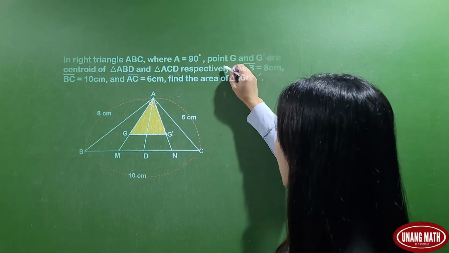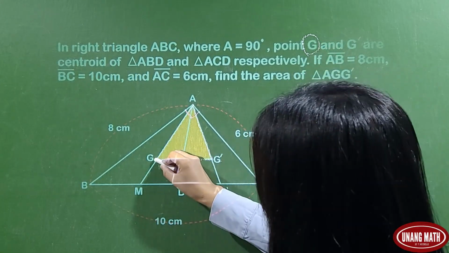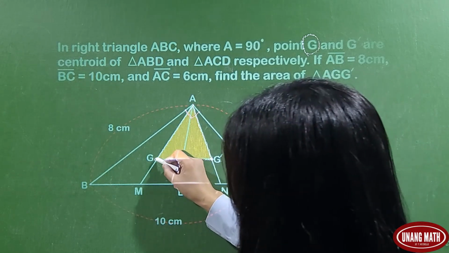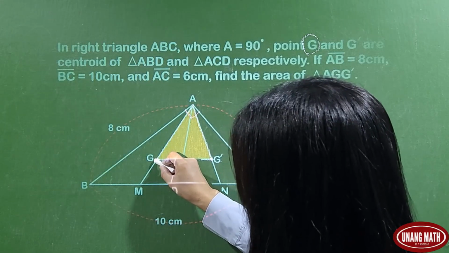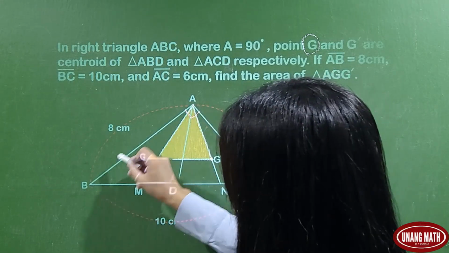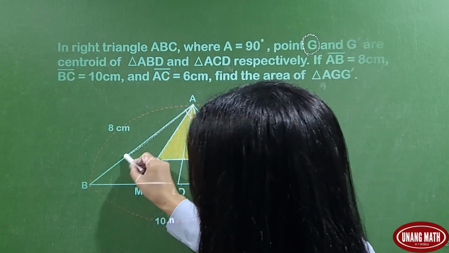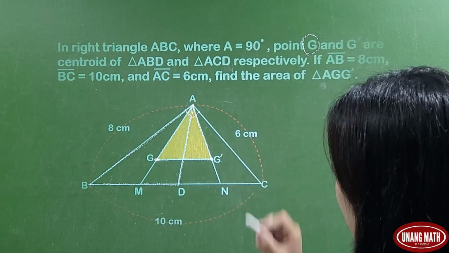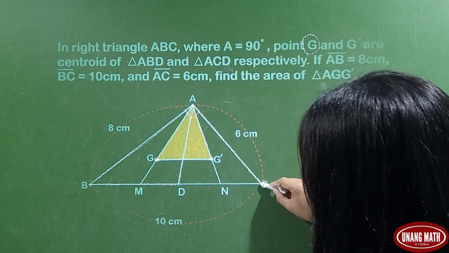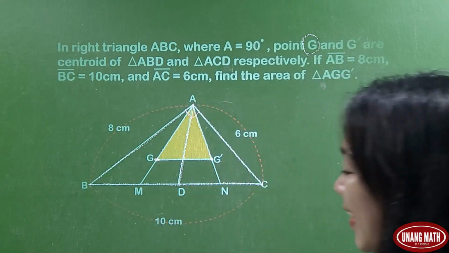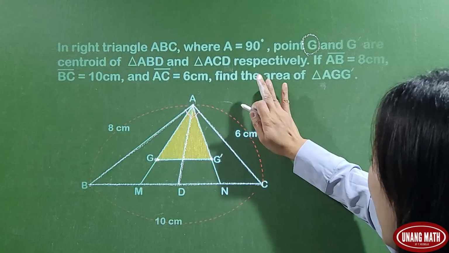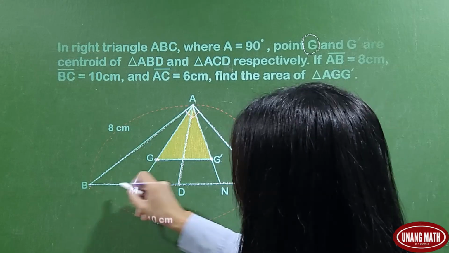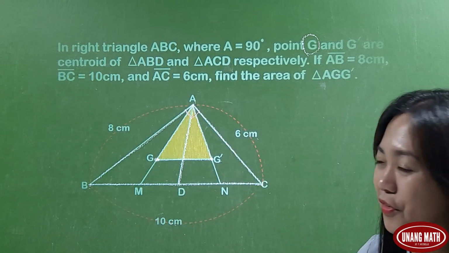So, triangle AGG prime is this triangle. Okay, it's given that point G and point G prime are centroids. Point G is the centroid of triangle ABD. Point G prime is the centroid of triangle ACD. Now, segment AB is 8, segment AC is 6, segment BC is 10 centimeters.